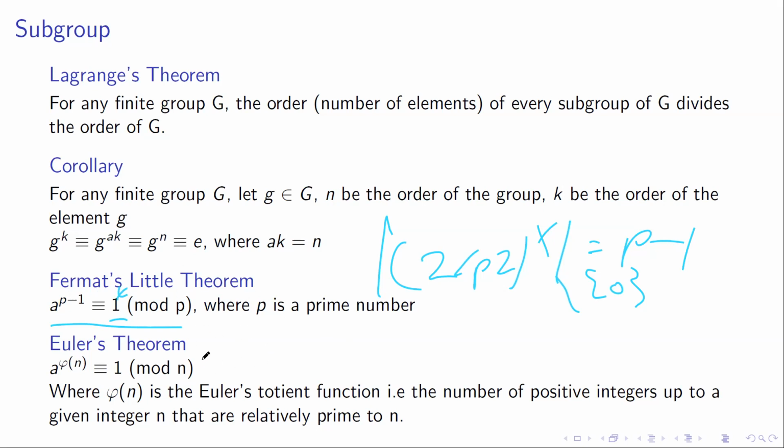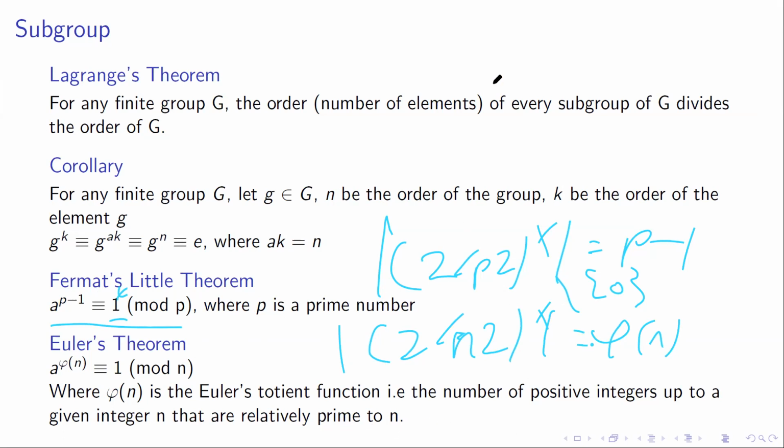And if n is not a prime number, then the order of this multiplication group is equal to Euler's totient function. Euler's totient function is the number of positive integers up to a given integer n that are relatively prime to n.